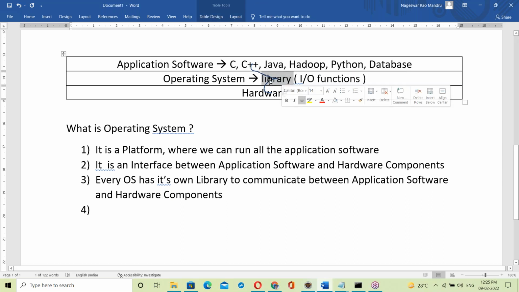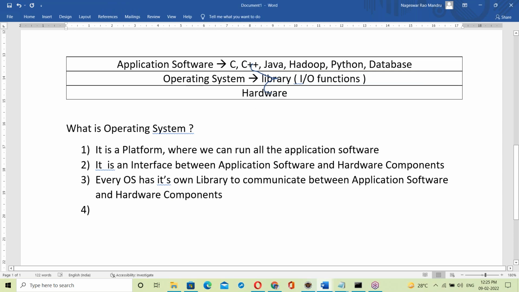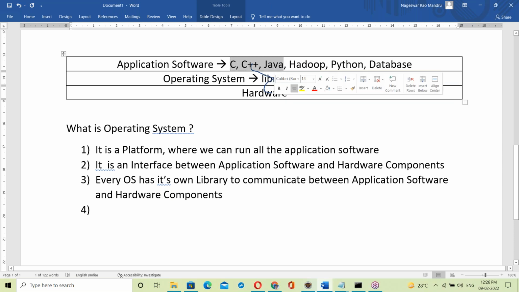After linking, it communicates with the hardware, then running starts. This is compulsory for C, C++, Java, Hadoop, Python, all programs.